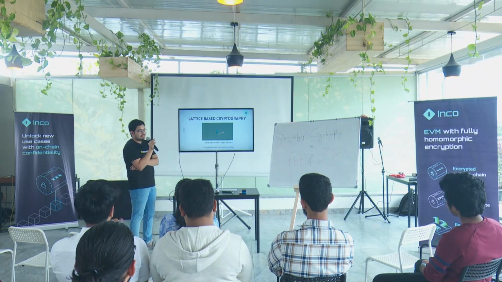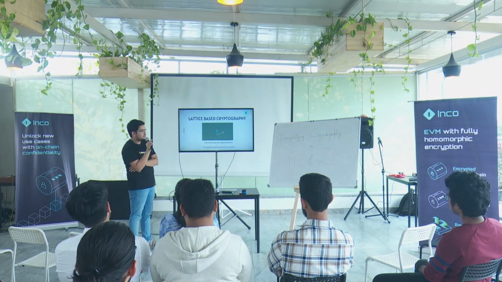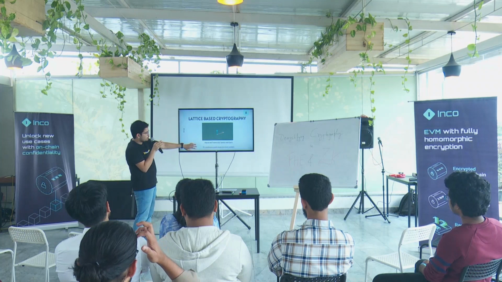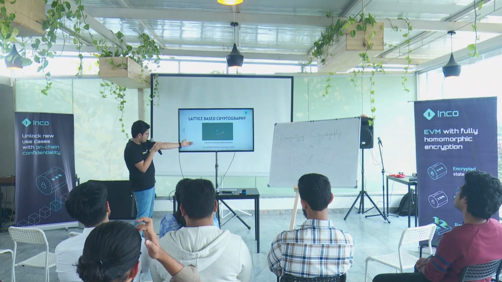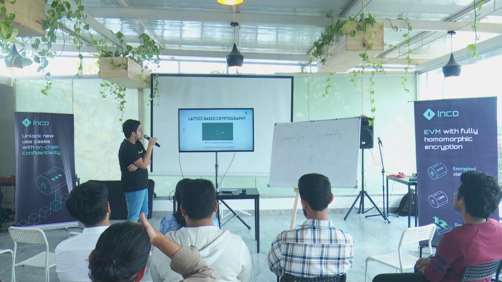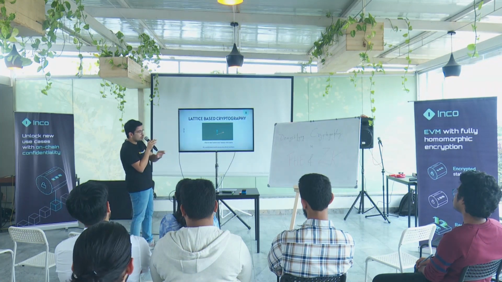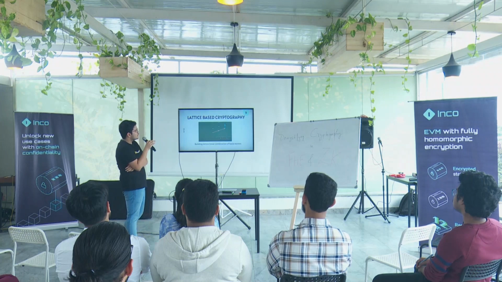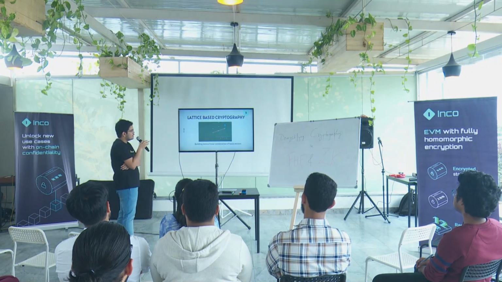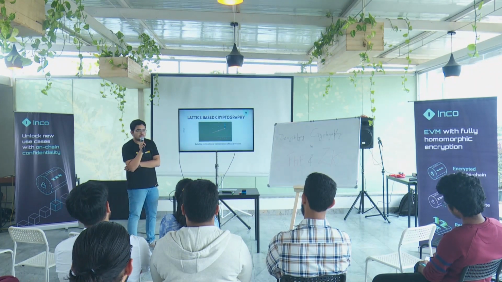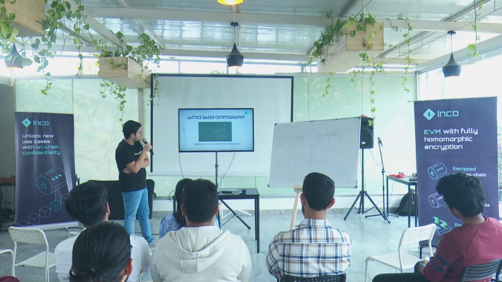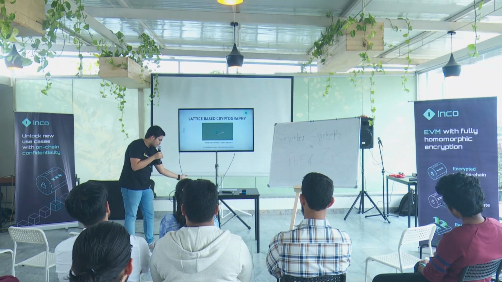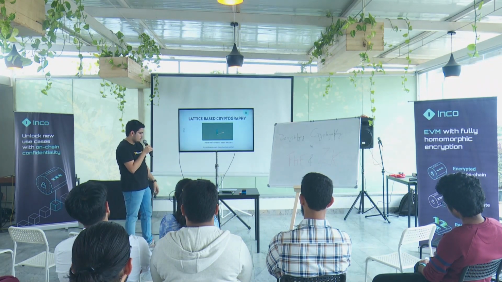So let's learn briefly about lattice-based cryptography. A lattice is nothing but a bunch of points, and you have 2 basis vectors. Here we have 2 basis vectors, one is the red one, another is the blue one. And for now the coordinates are whole numbers. To build a lattice, you create certain combinations of those basis vectors. As in this diagram, previously we had these 2 basis vectors, the red one and the blue one.